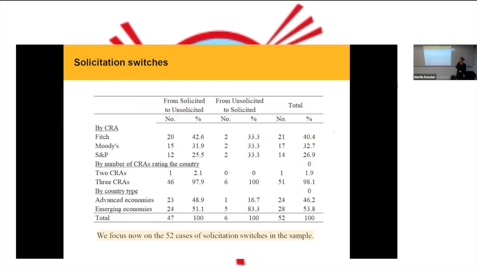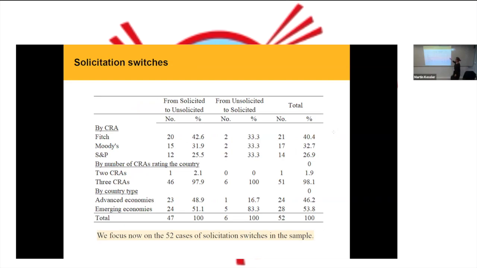Afterwards, what we like in the sample is that we have a few solicitation switches. We have the same country, same CRA, and then they decide to pay or not to pay. We're going to use these to see what the effect on the rating is.